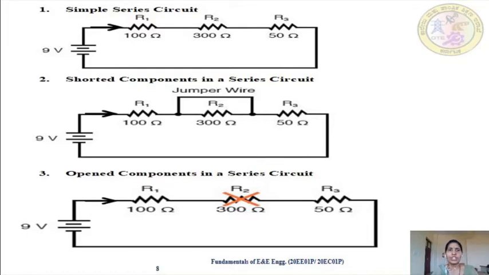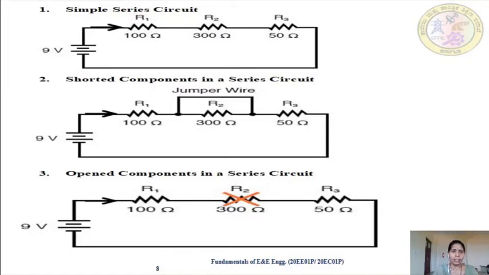Second one is shorted components in a series circuit. Here also the same circuit, a 9-volt battery is connected in series with 100 ohm, 300 ohm and 50 ohm. But in this case, since we require a short circuit, the 300 ohm is connected with a jumper wire. That means we are shorting the resistance.